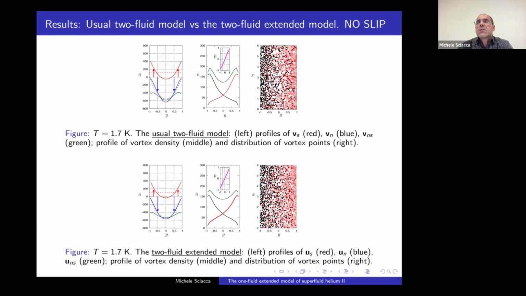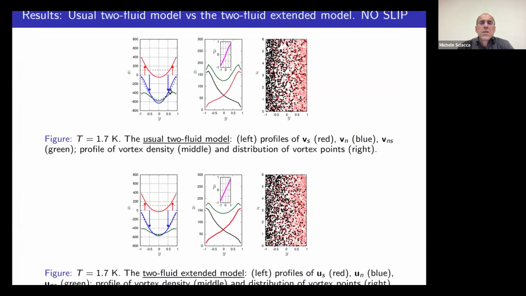The red ones are vortex points rotating counterclockwise. The black ones are rotating clockwise. So half of them are positive, the other half are negative. The initial condition for the vortex points is randomly distributed in the channel. This is the steady state at the end of our numerical simulation.